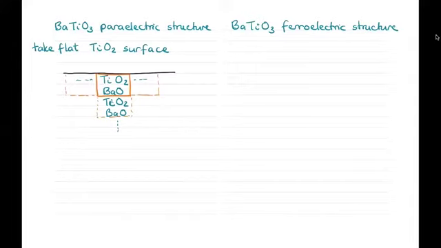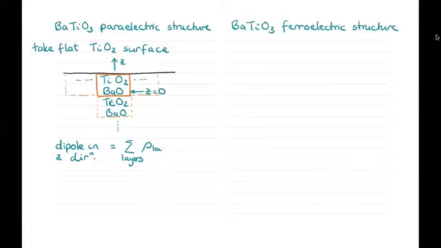So let's calculate the dipole of this unit cell. And in the Z direction, let's label this direction Z, and I'm going to make the position of the barium oxide, Bz, equal to 0, and then my dipole in the Z direction is the sum over the ions, over the layers, sorry, of the charge on each layer times the position in the Z direction of the layer.